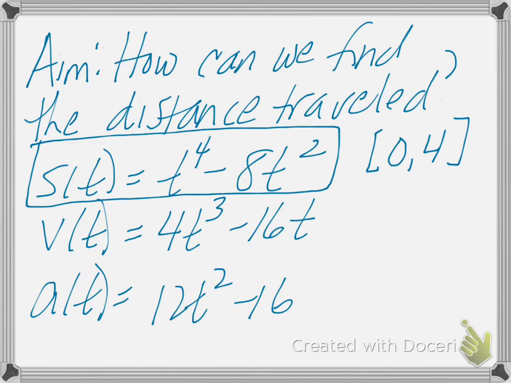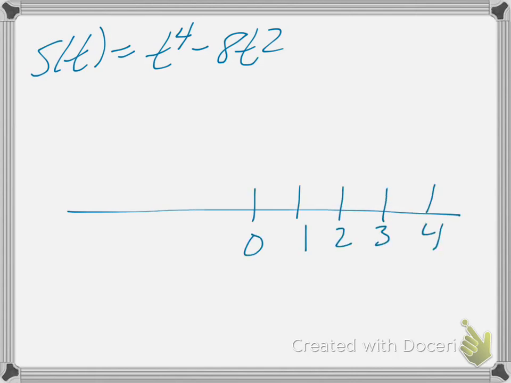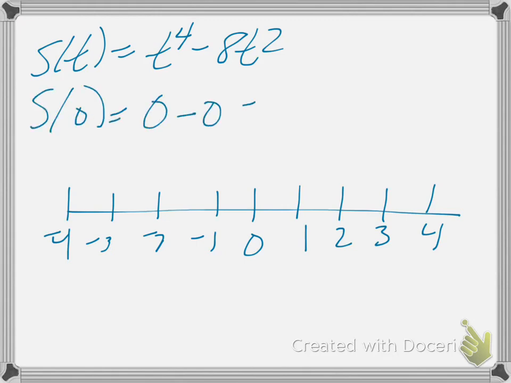So let me just go to the next page. I'll draw a little diagram. So remember, S of t was this. And I always like to use the number line as an example. I just think it's so easy to see. Okay, so at 0 seconds, so at S of 0, we would just get 0 minus 0, which is 0.